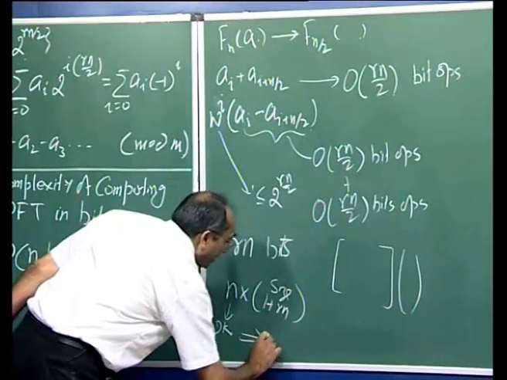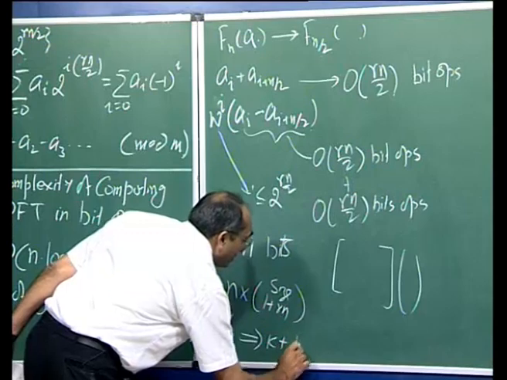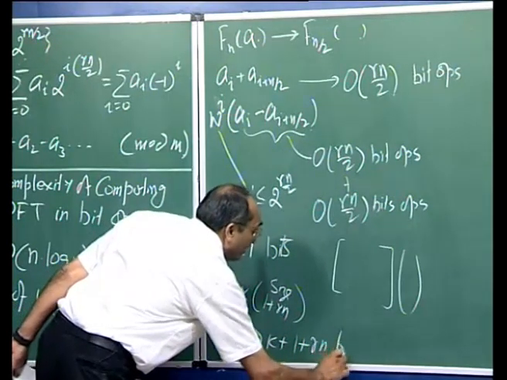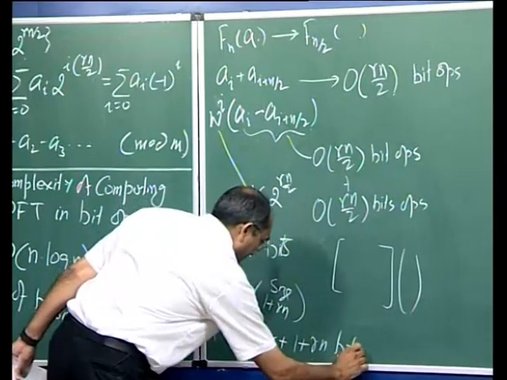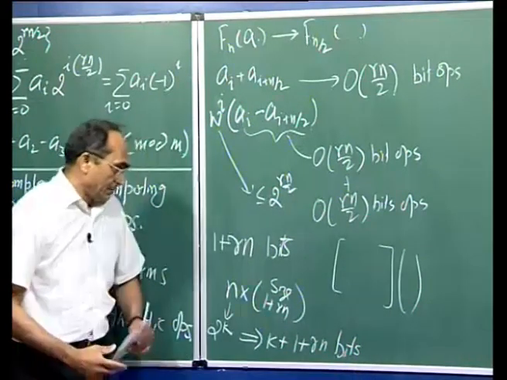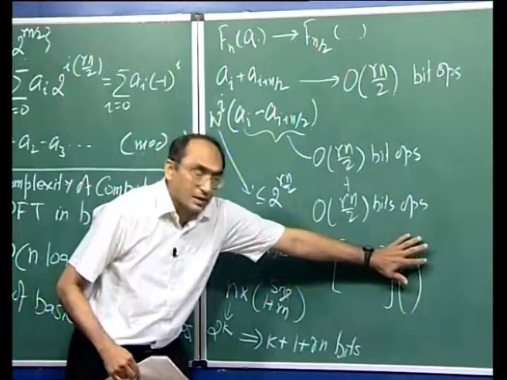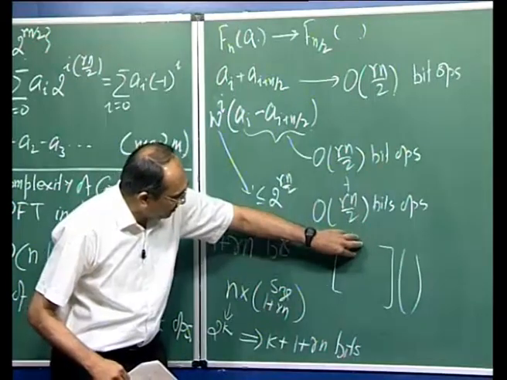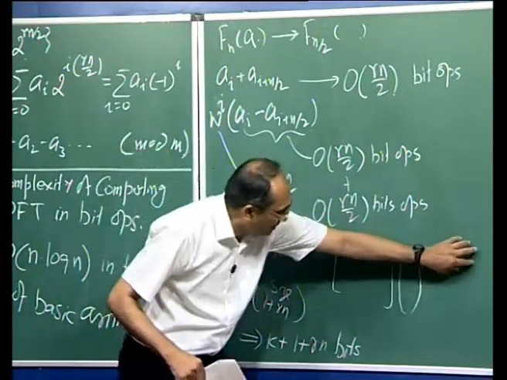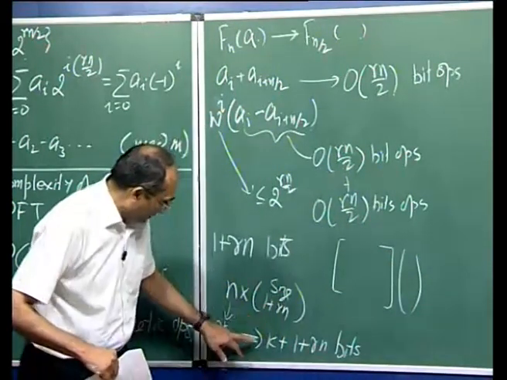So that would mean that k plus 1 plus Rn bit size would be the resulting number that we will get for each of these locations, for each of the components will have that many bits at most.